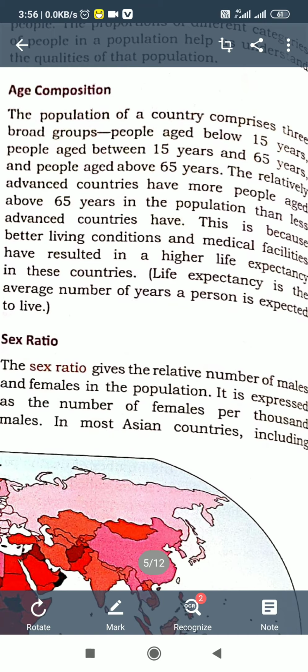According to the 2011 census report, there are 940 females per thousand males in India. This is in contrast to the situation in developed countries where females have a higher life expectancy and generally outnumber males.